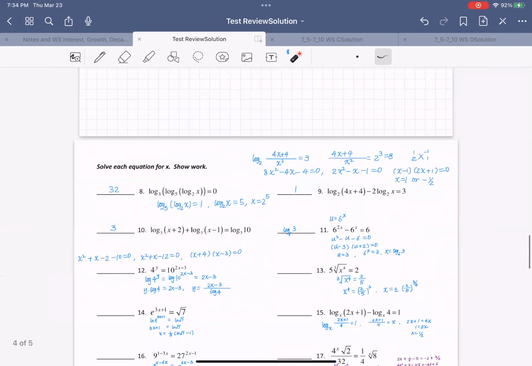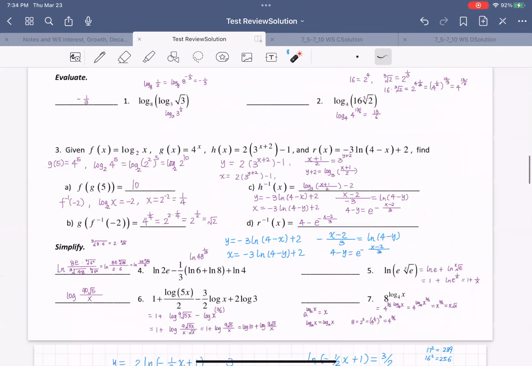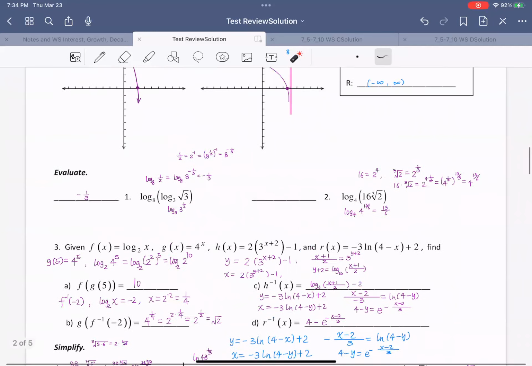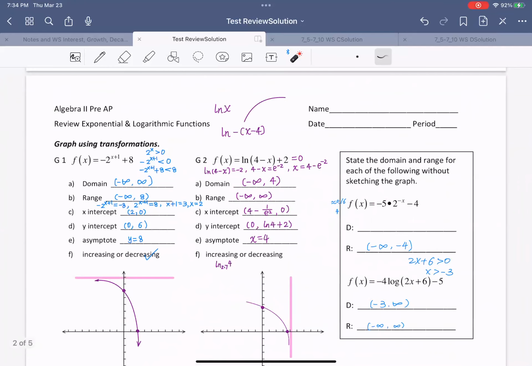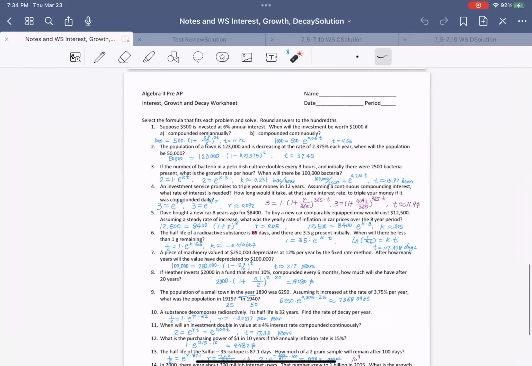And then we do simplifications, inverse functions, composite functions, log and exponential graphs. If no question, we will move to the worksheet problem. Now let's go to here.